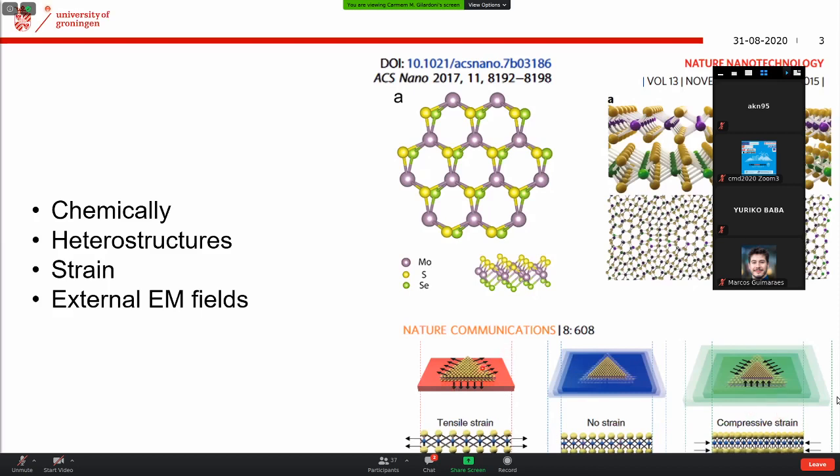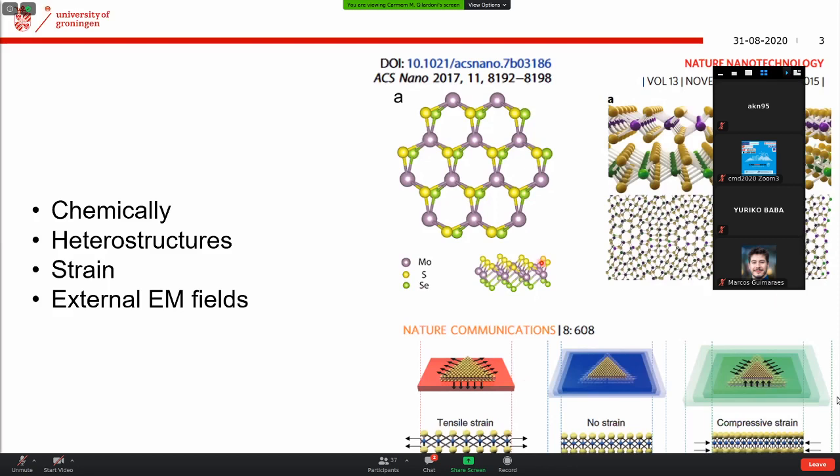For me, coming from a spintronic perspective, what I'm interested in is how we can manipulate the symmetries in order to extend the favorable spin properties, or to be able to manipulate the spin polarization in these systems.